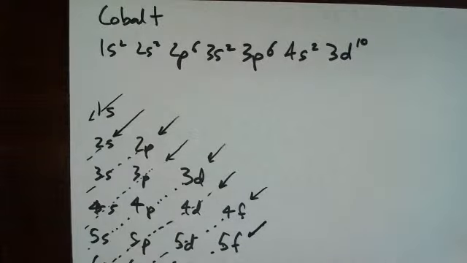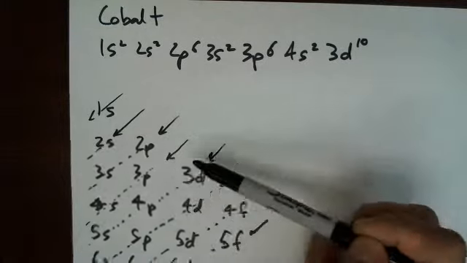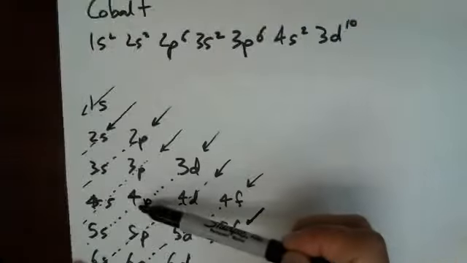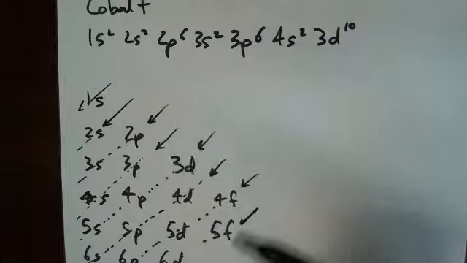So you can see that's why you go through to the 4s, then the 3d, then the 4p, if that makes sense.